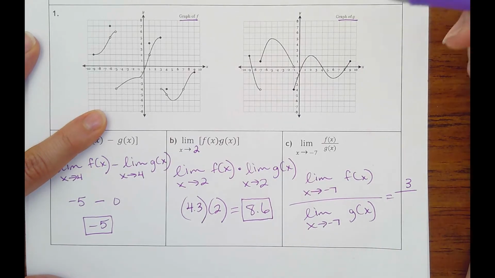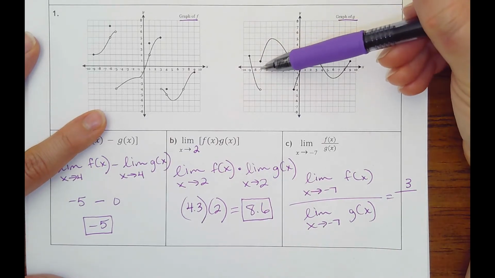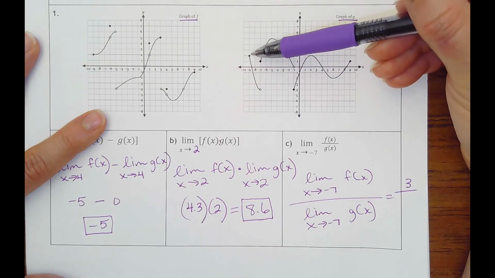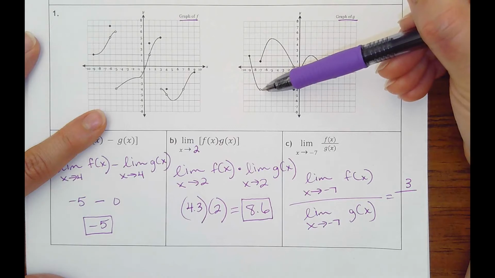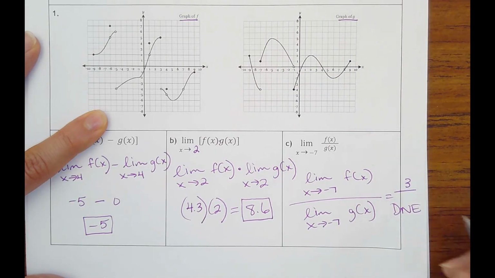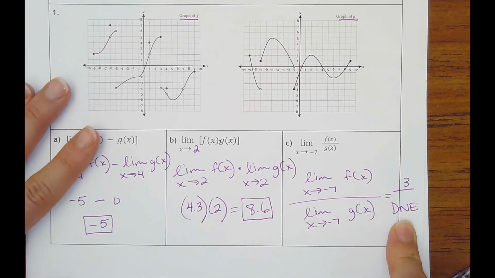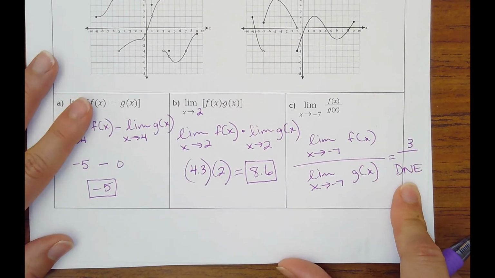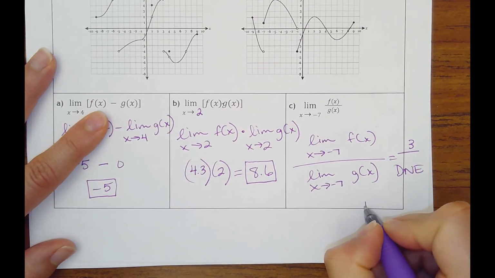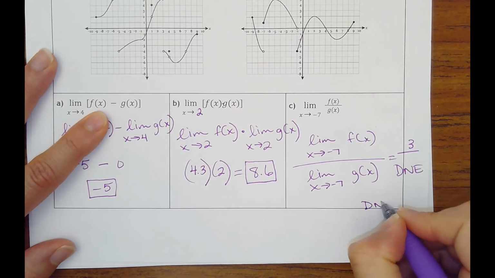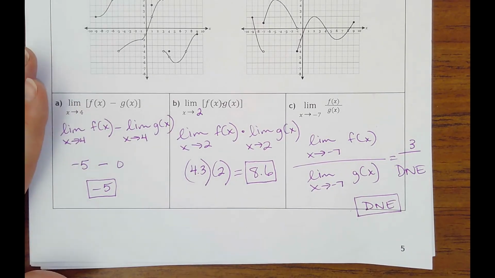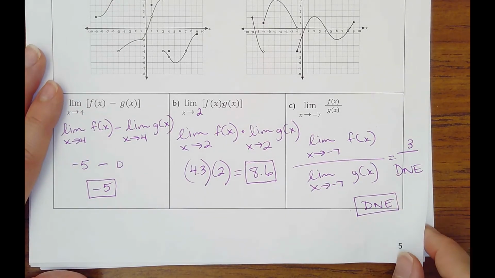And then as we're approaching -7 on the g of x, the general limit does not exist because we have a break here. We're coming from the left, we're going down here to -4, and from the right, we're at 1. As soon as you get any part of the evaluating process to be does not exist, then the whole answer when you're trying to do that with something else is does not exist. So if you're adding, subtracting, multiplying, or dividing, one answer of does not exist makes the whole thing does not exist.